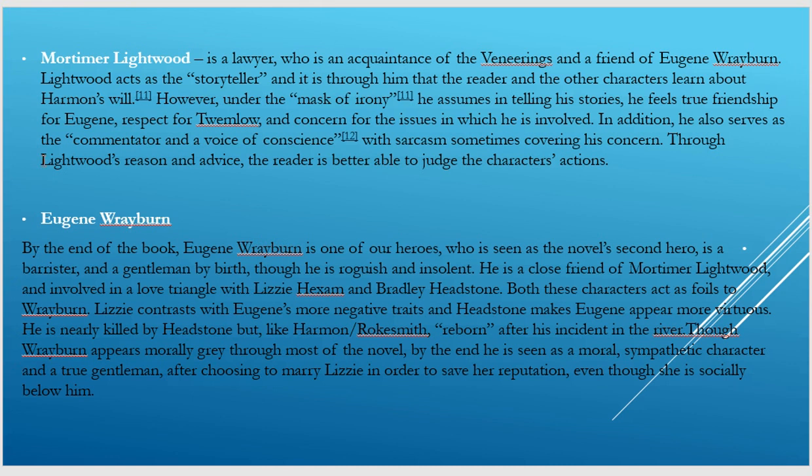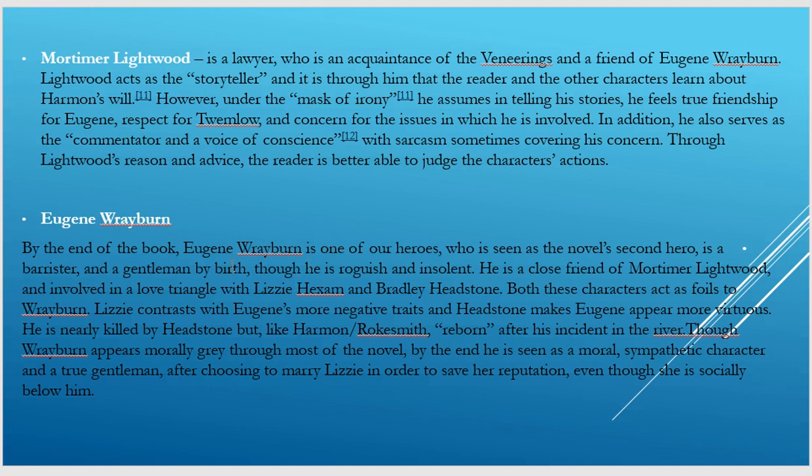So when they were in the ship, Mortimer keeps telling such stories, and Twemlow is concerned about his sarcastic stories. From time to time, he gives advice to others. So Mortimer Lightwood is not very attractive. At the same time, he has a role.